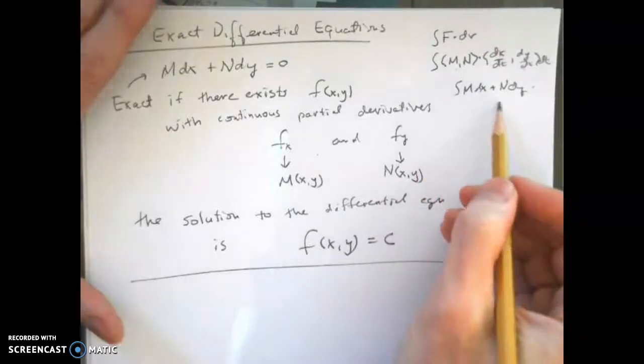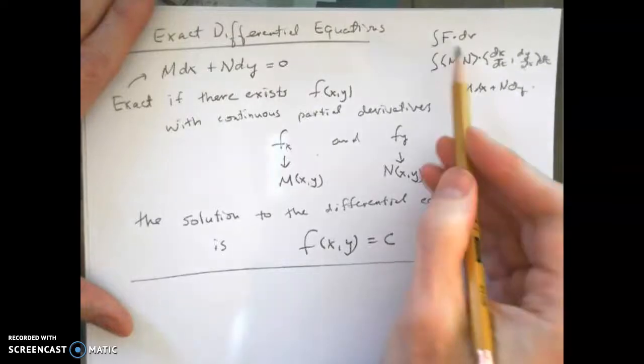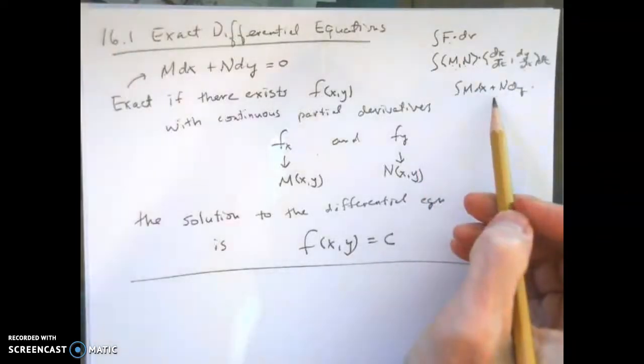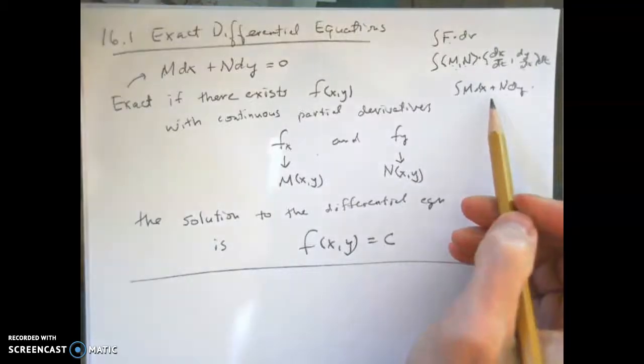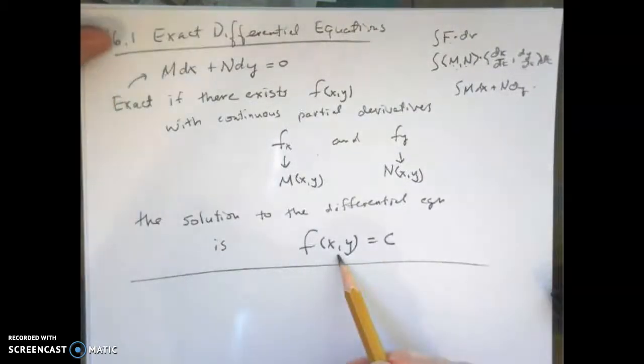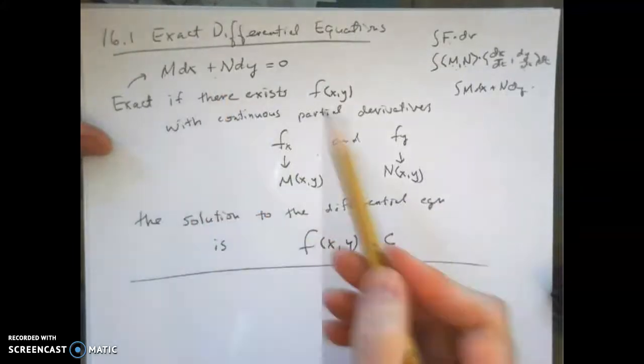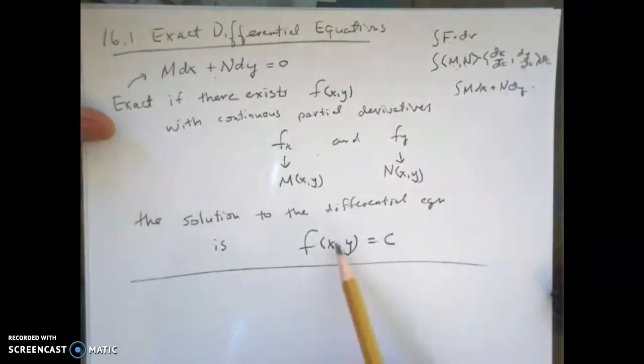If F = (M, N) is a conservative vector field, then you can find your potential function f of x, y, which is really the same thing we're doing here, even though this isn't a line integral, it's just a differential equation. We do these steps the same way, and it turns out that the solution to our differential equation is that function equal to a constant.